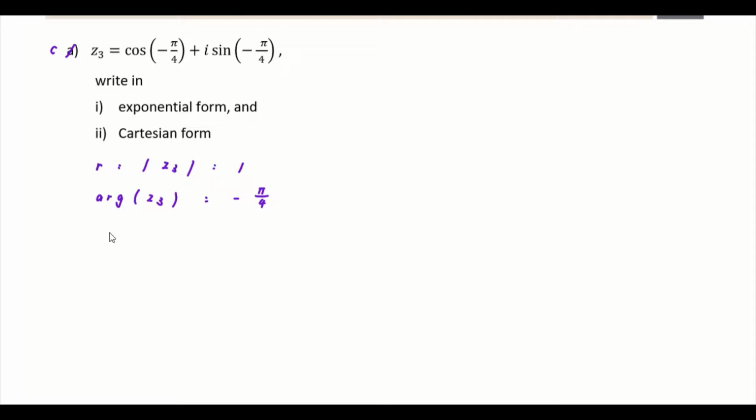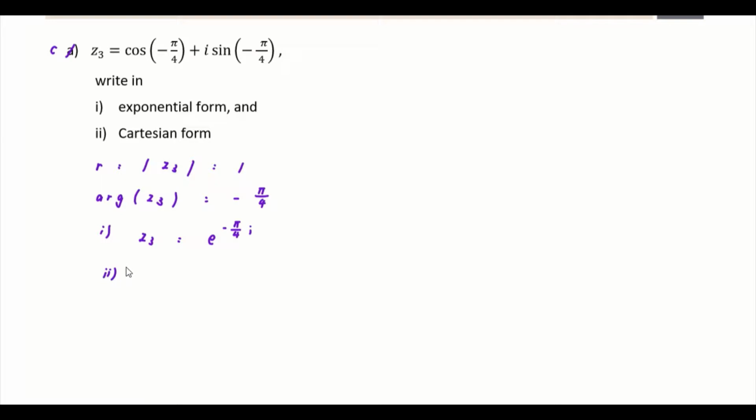By using these two pieces of information, we can write the exponential form. So z3 is equal to r is 1, so no need to write, e to the power of negative pi over 4 i.